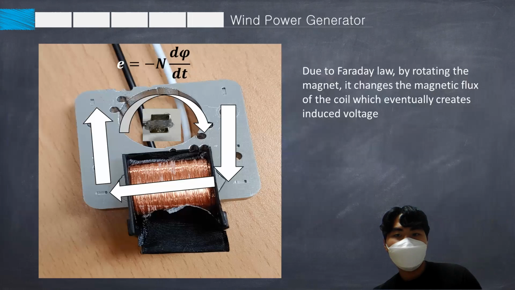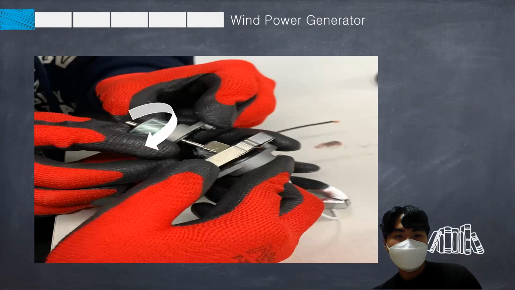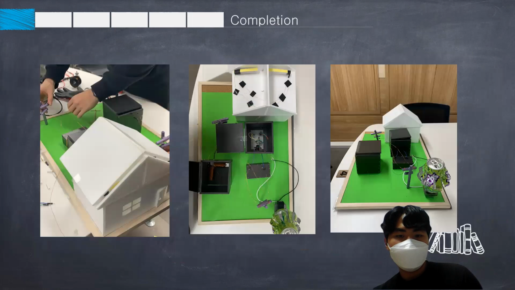Due to Faraday's law, rotating the magnet changes the magnetic flux of the coil, which is here, which eventually creates induced voltage. So this is the wind power generator, and this is the final completion of our project.